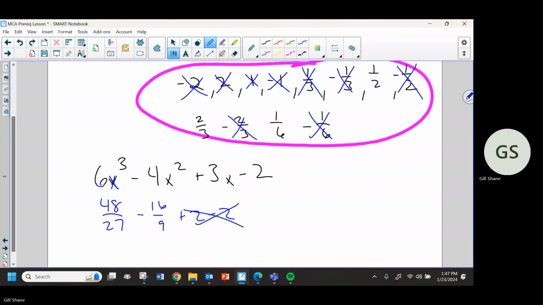Try that one in your calculator. Try 2/3. And then, unless I'm mistaken, that gives me 0.